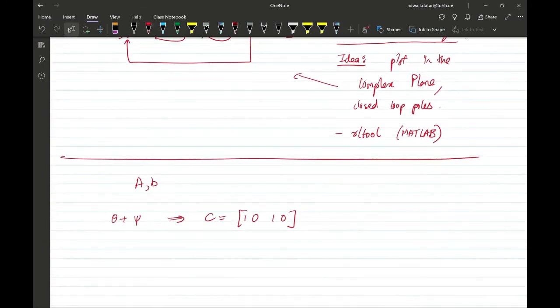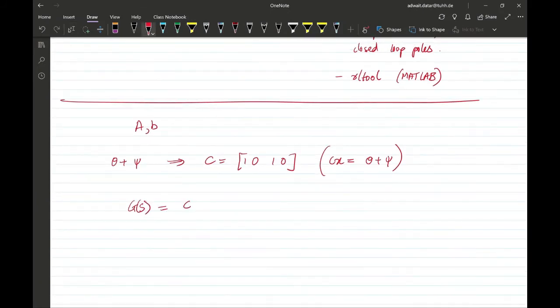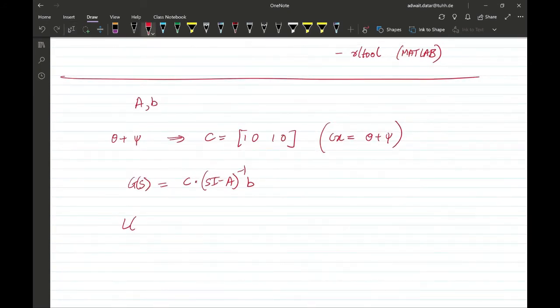That will exactly pick up theta plus psi as the output. So once we do that, we have the transfer function G of s as C times (sI minus A) inverse B, and then we can define L of s as G of s times G of minus s.